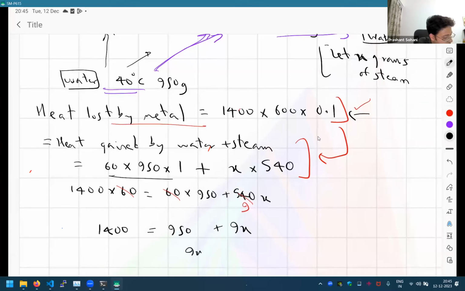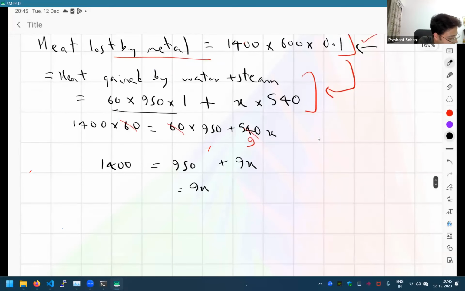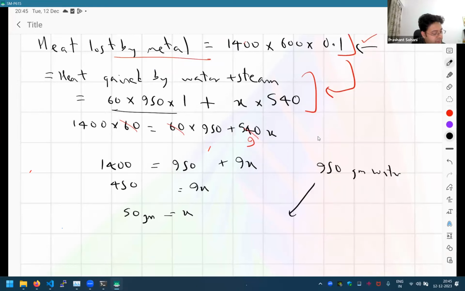So therefore 9x is equal to 450. So x is 50. So in other words, out of the 950 grams of water, only 50 grams will become steam. The remaining 900 will remain water only.